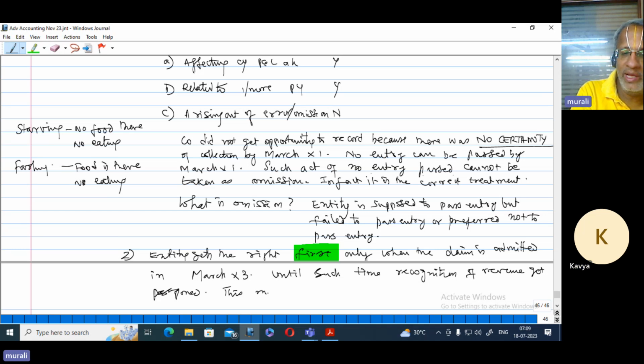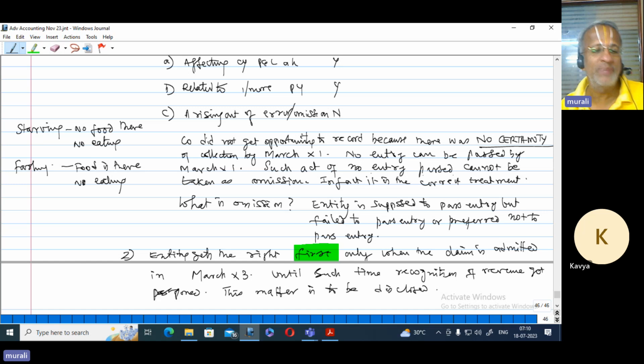This matter is to be disclosed. Remember that when we were discussing the disclosure aspect, this is the item. So, fasting is food is there, no eating. This is like omission.